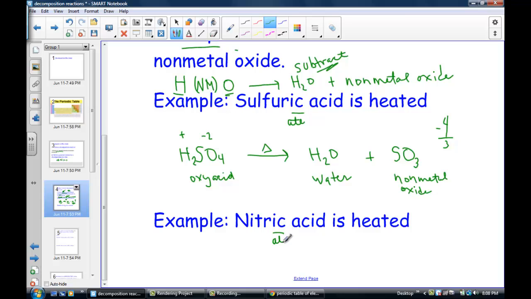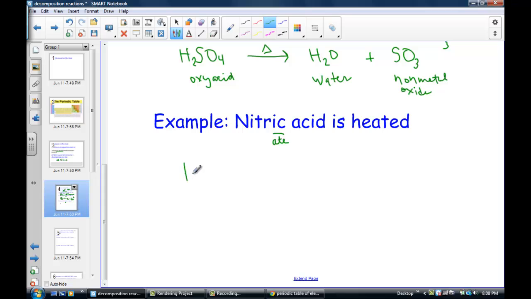It comes from the polyatomic ion called nitrate. Acids start with an H, and we need to find the polyatomic ion called nitrate. NO3 is a -1. So here we have H +1, NO3 -1, nitric acid. When an oxyacid decomposes, I want us to consider a subtraction problem.